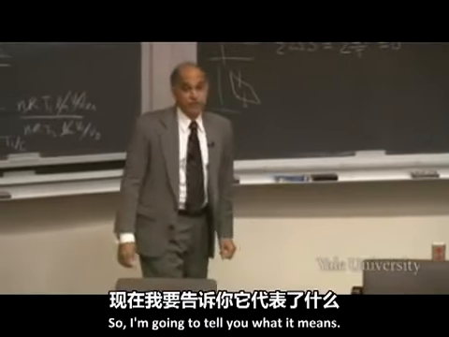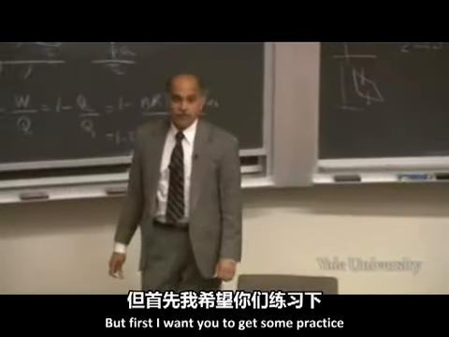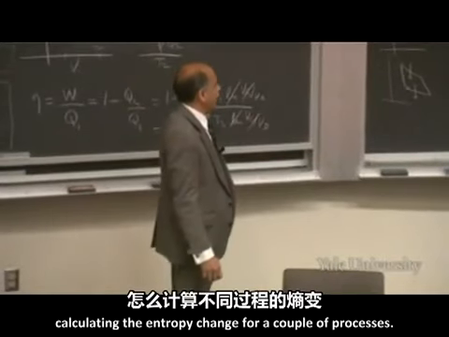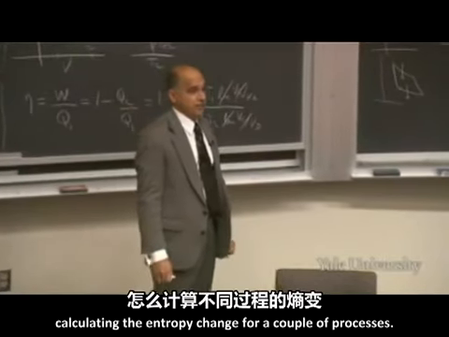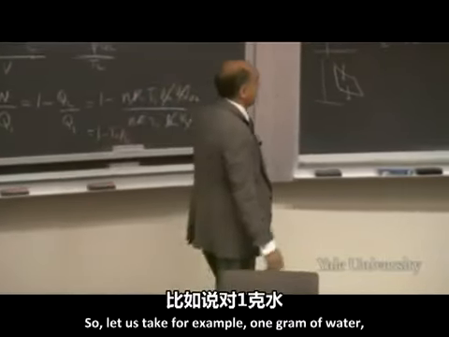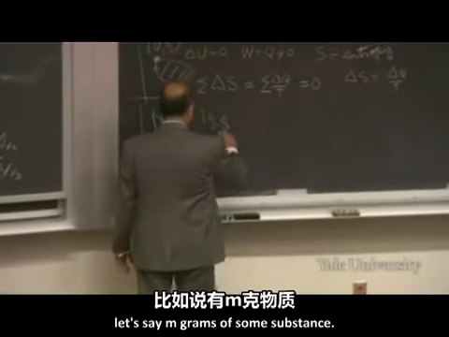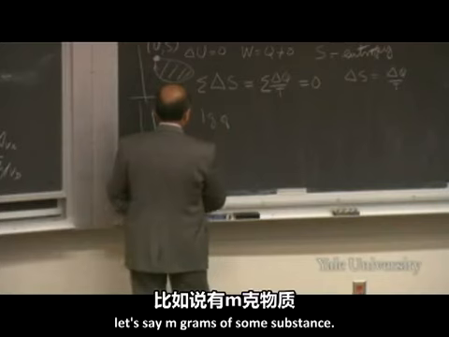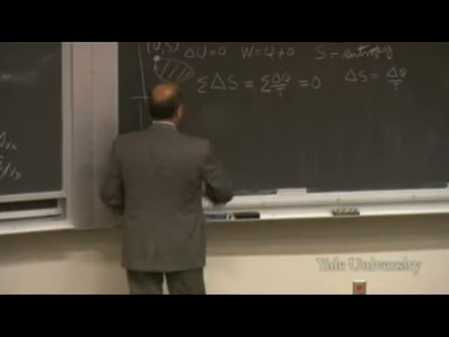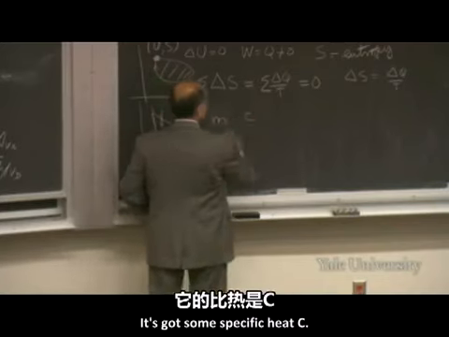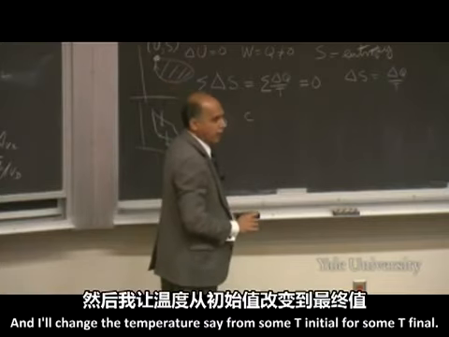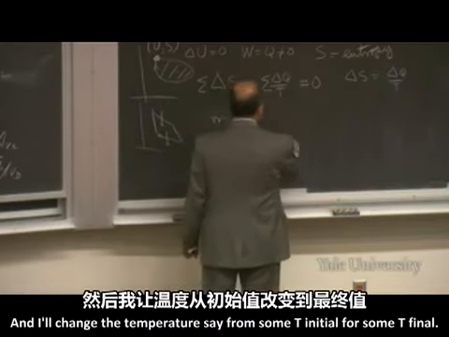So I'm going to tell you what it means. But first, I want you to get some practice calculating the entropy change for a couple of processes. So let us take, for example, 1 gram of water. Or let's say m grams of some substance. It's got some specific heat, C. And I change the temperature, say, from some T initial to some T final.